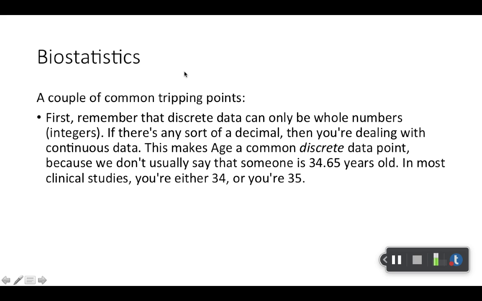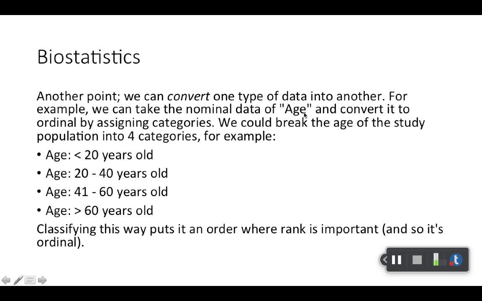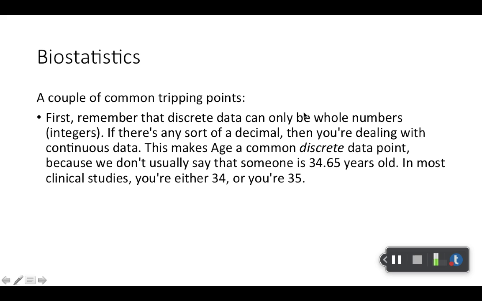Here are some things that commonly trip up students and professionals: discrete data can only be whole numbers, and if there's any sort of decimal, then it's continuous. Age, for example, is a common discrete data point, because you typically don't say someone's 34.65 years old.